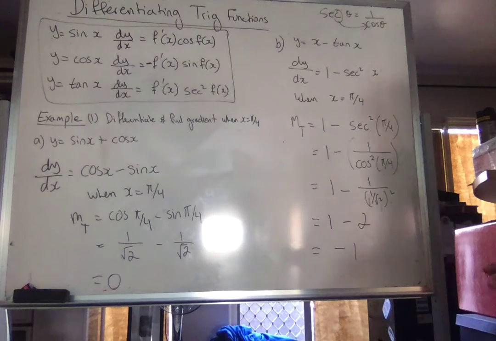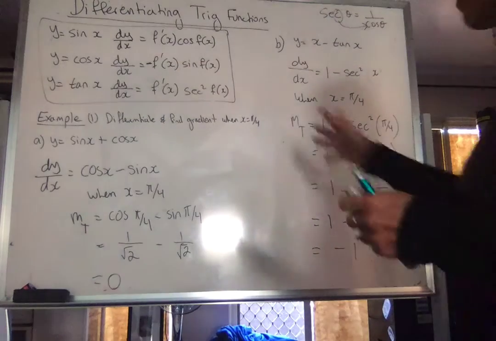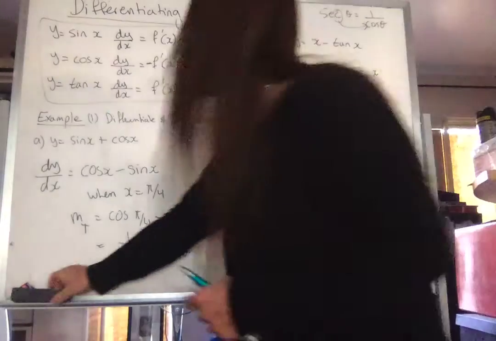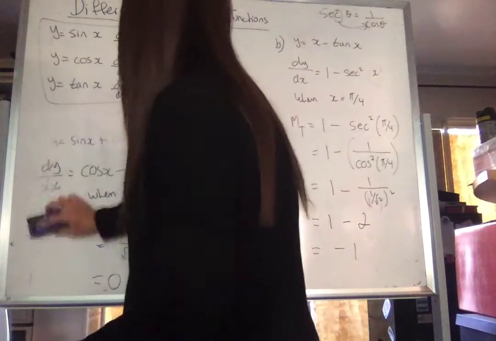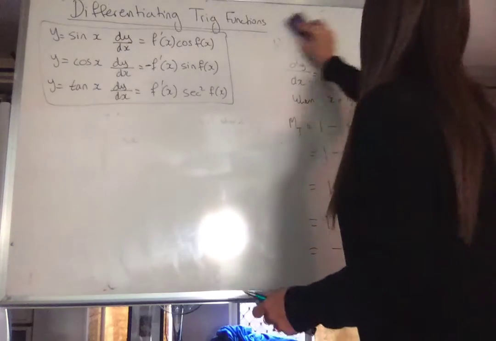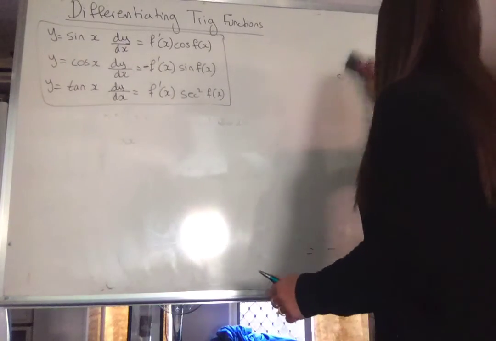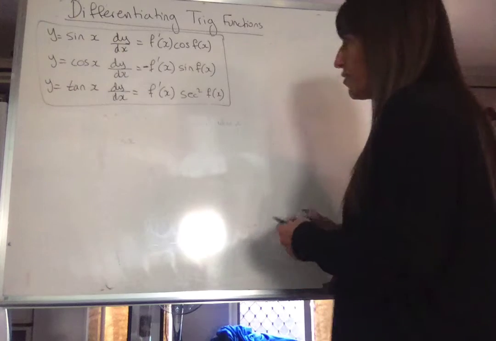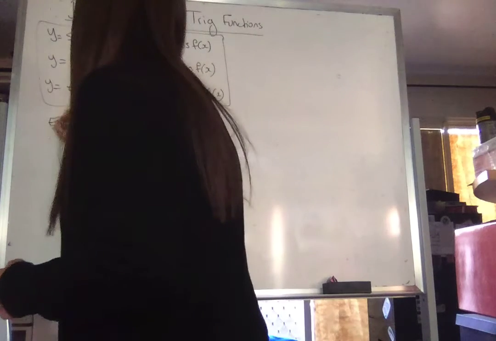Okay, now that's the first example. I need to write this off so I can do the next one. Okay, but I'm going to leave those derivatives there so we can keep referring to them. So, example 2.